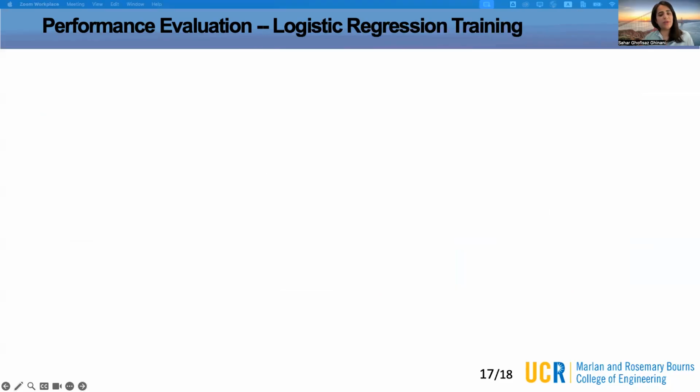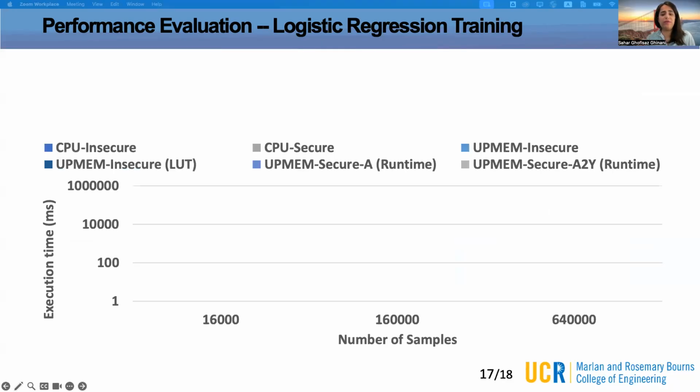So for logistic regression, again, we are having the same kind of baselines, but here we're having two different implementations for UPMEM Secure. One of them is the LUT-based, and the other one is the non-LUT-based implementation of the activation function.